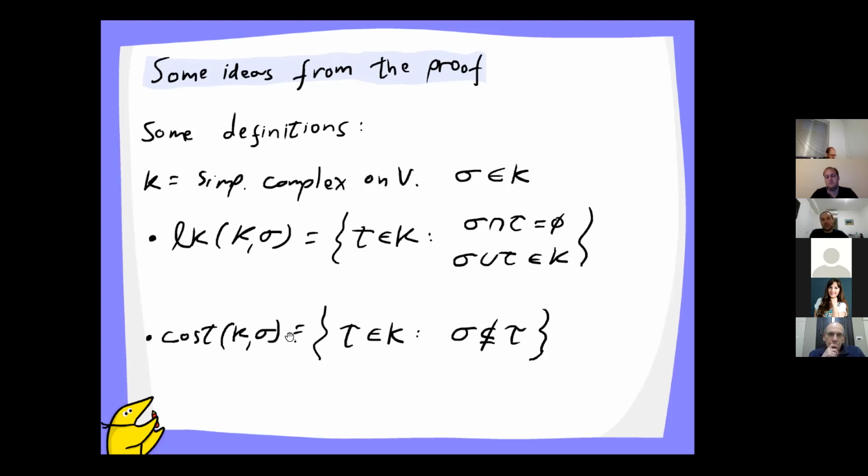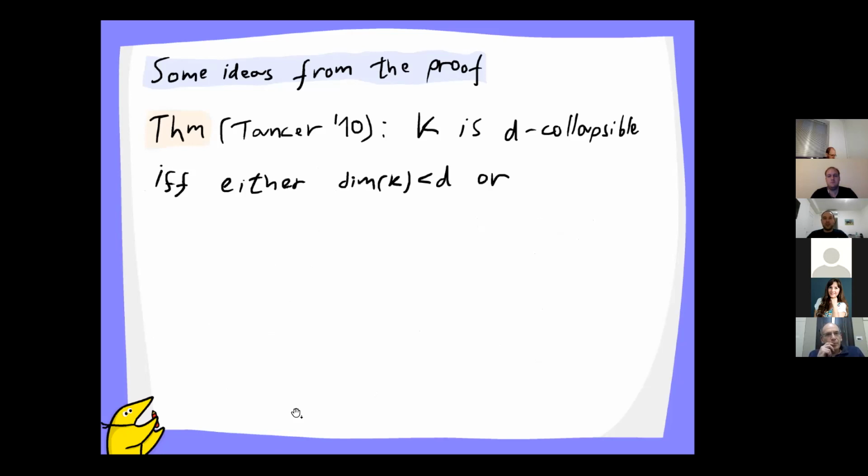So the costar of sigma is obtained from K by removing sigma and all of the simplices containing sigma.